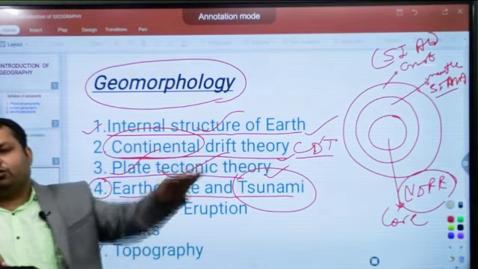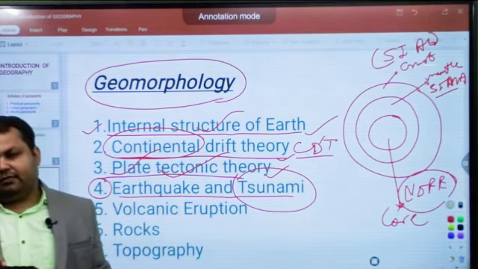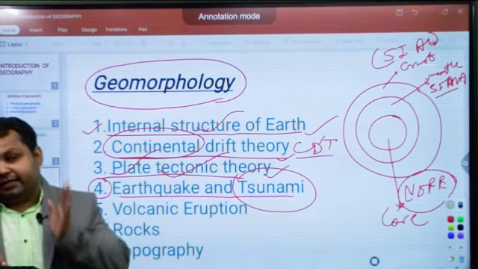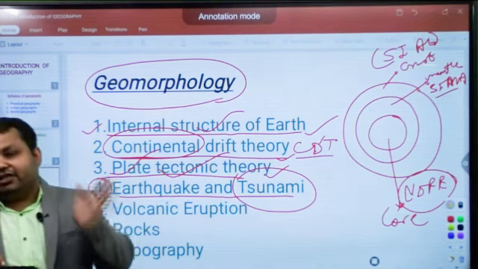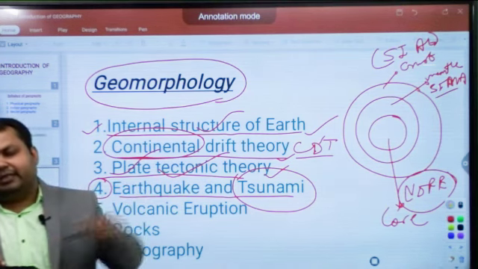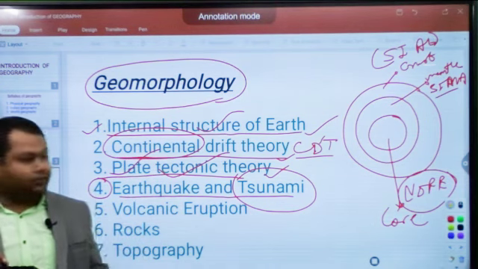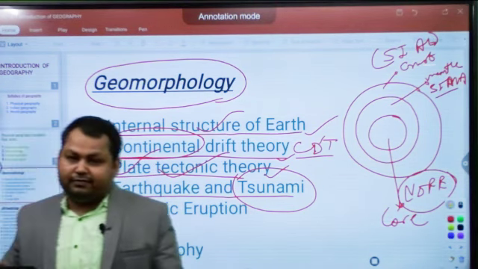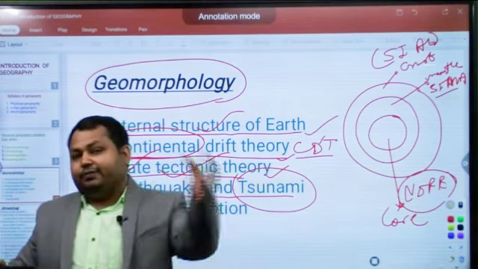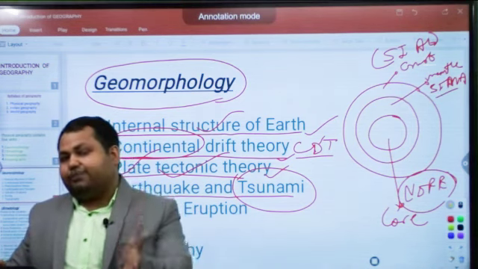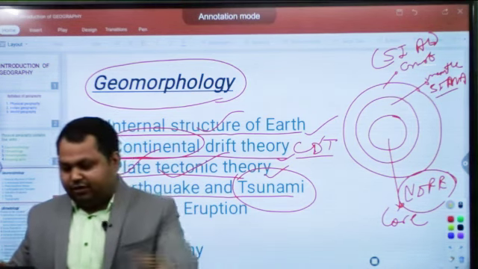Coastal cities or coastal areas, the water can enter much into the interior of the continents, up to 100 kilometers. That's why it is most disastrous, and up to what extent it is harmful, I will discuss during the lecture.